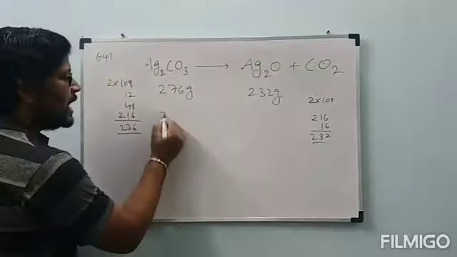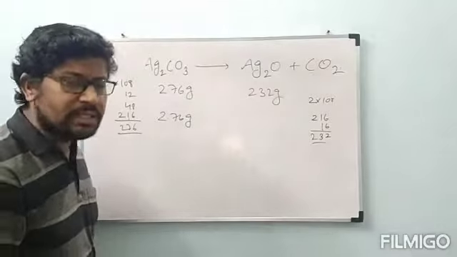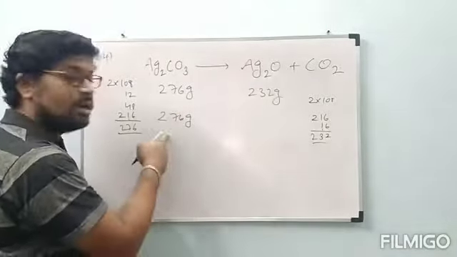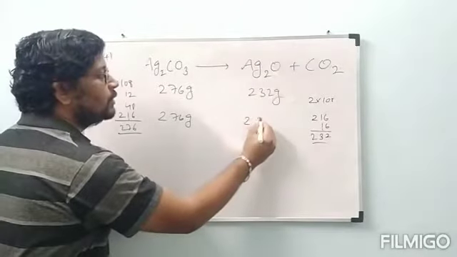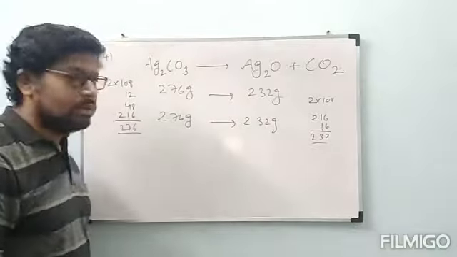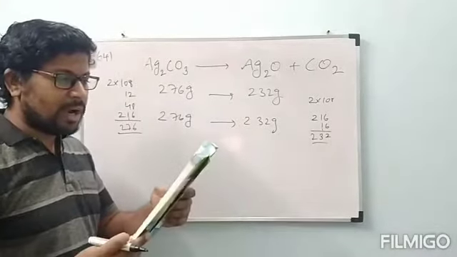Simple question. They ask 2.76 grams. According to our stoichiometric calculation, 276 grams will give 232 grams. Then 2.76 grams will give 2.32 grams. Our answer is 2.32 grams.